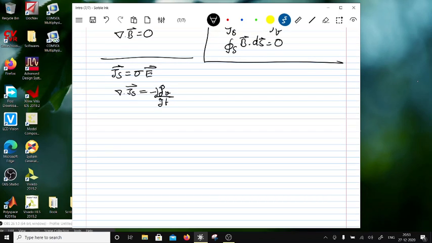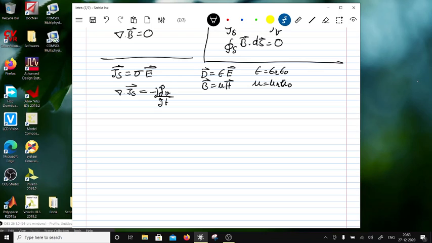And then we have a relationship between the medium and the field intensity and flux density. D is equal to epsilon E and B is equal to mu H. For free space, epsilon can be written as epsilon r epsilon 0, and mu can be written as mu r mu 0.